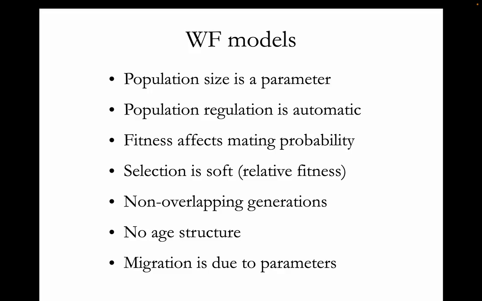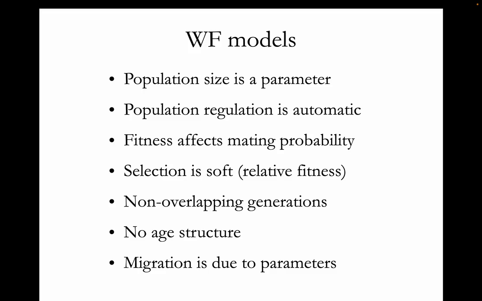Wright-Fisher or WF models in SLiM are much the same as they are in the original literature. Population size is a top-down parameter that you dictate to the model, so population regulation is automatic. SLiM just makes the number of individuals you told it to make. Since the population size is fixed by that parameter, fitness affects mating success, not mortality, and so selection is soft, meaning that relative fitness is what matters.